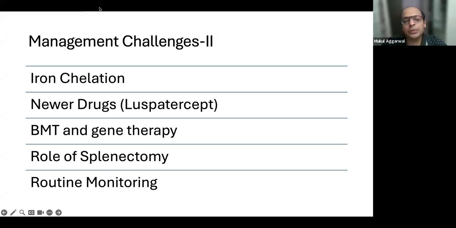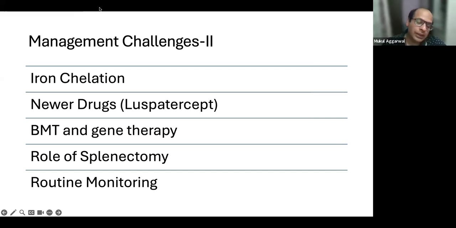The success of this process depends on the age of the patient. So lower the age, better it is. Usually, thalassemia transplants are done below 10 to 15 years of age. It also depends on the iron and the liver status of the patient. If the patients are well chelated and have a low ferritin level, the outcomes are better.